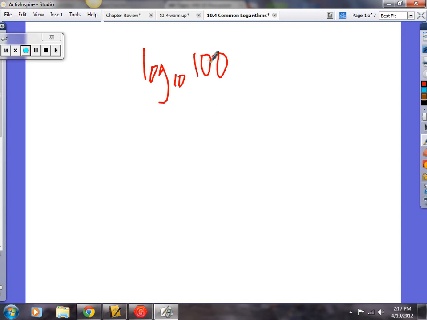If I'm asking what the answer to this is, what is the log in base 10 of 100? Convert it to exponential form. I need a base, an exponent, and what it equals.